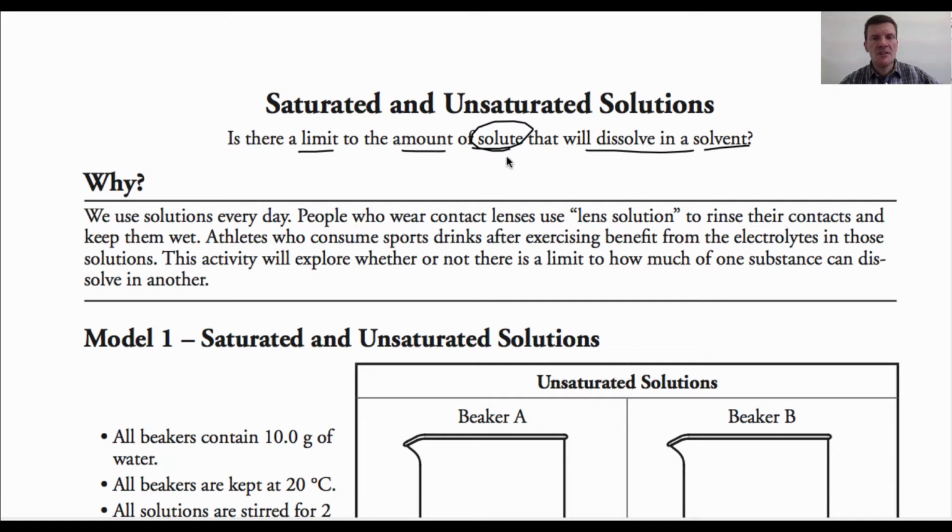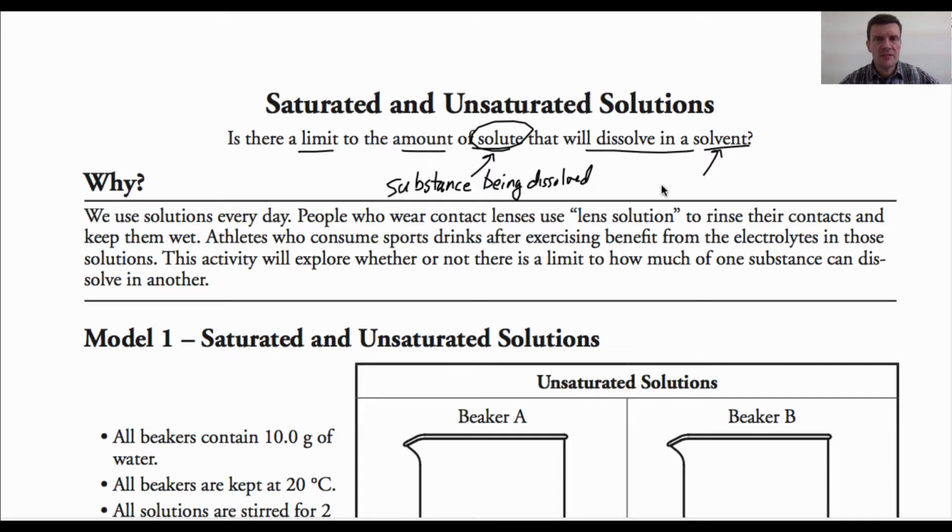Let's first make sure that we understand some of our terminology here. When we talk about a solute or a solvent, the solute is the substance being dissolved. So it might be a solid, like table salt, NaCl, being dissolved in the solvent. The solvent would be the liquid in most cases.